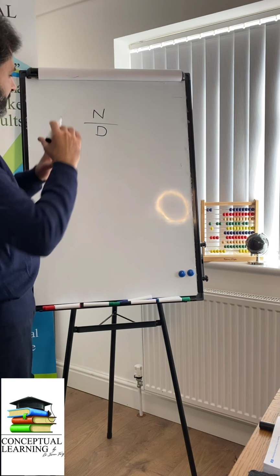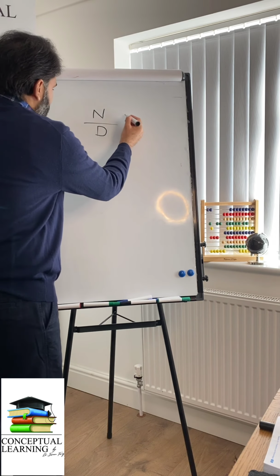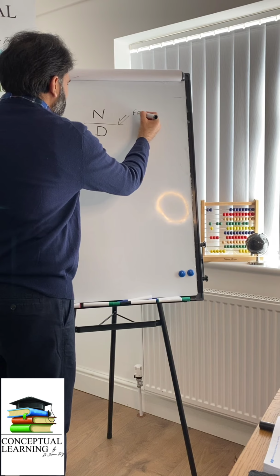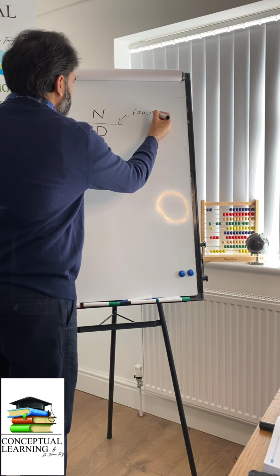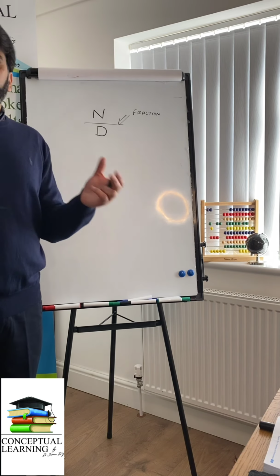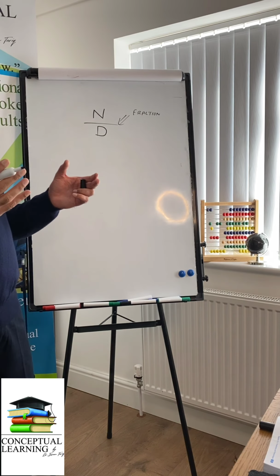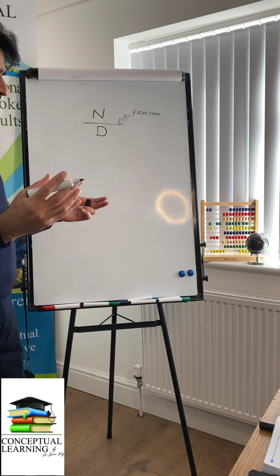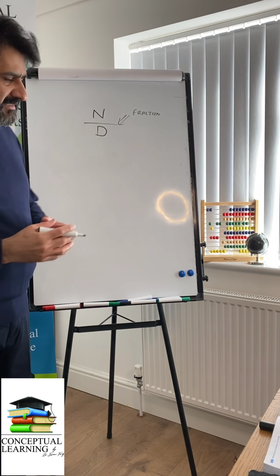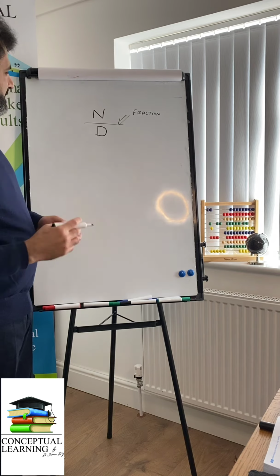If you look at this line, it is a fraction line. In another way, we can say a fraction is a division. Basically you compare things in terms of division, in terms of portions, in terms of proportions.